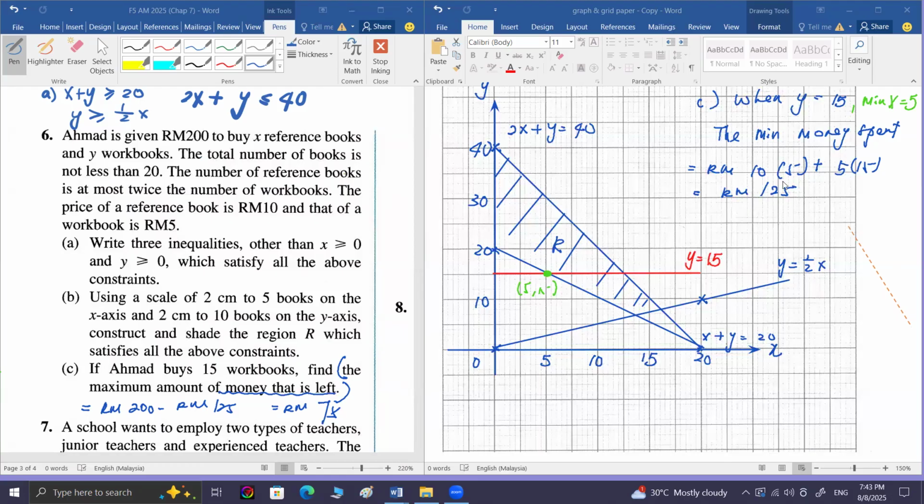That's why I substitute here. Let's say you buy 15 workbooks, then Y is 15, so X here is 5. You must get the minimum money that you spend, only then can you have the maximum money that is left. Substitute here, got it?